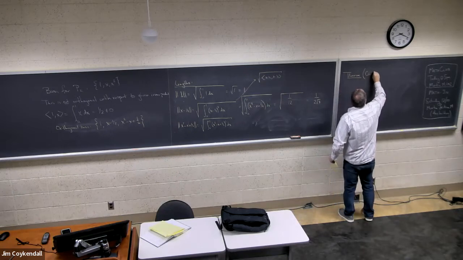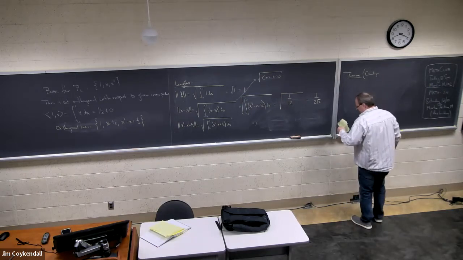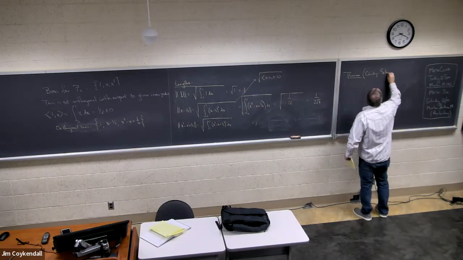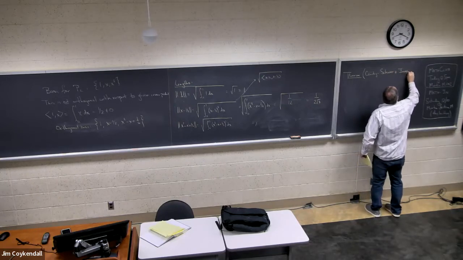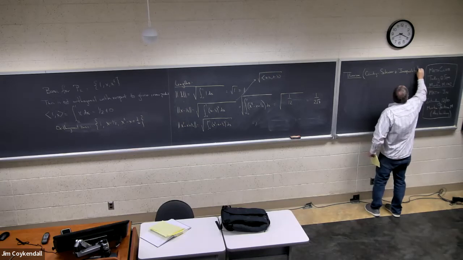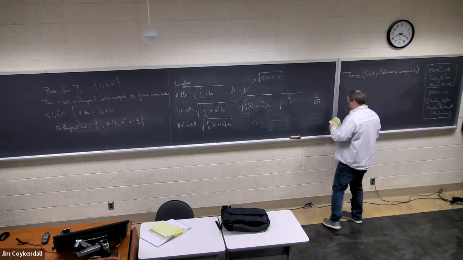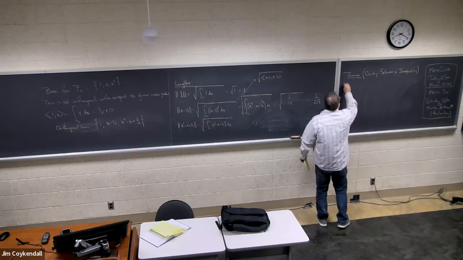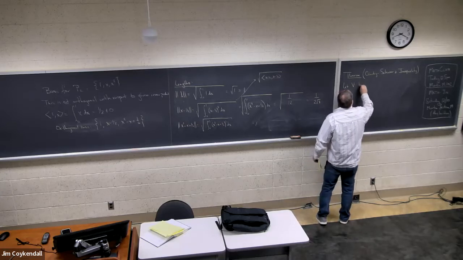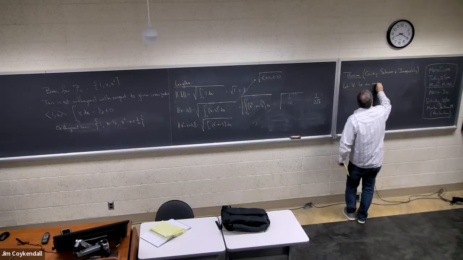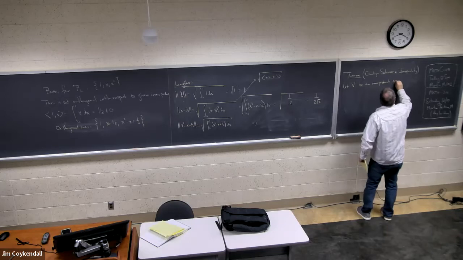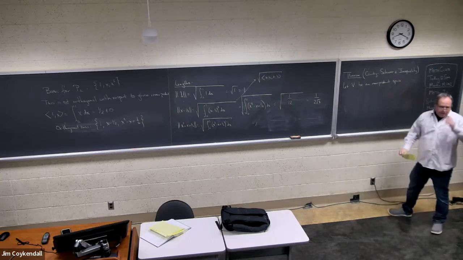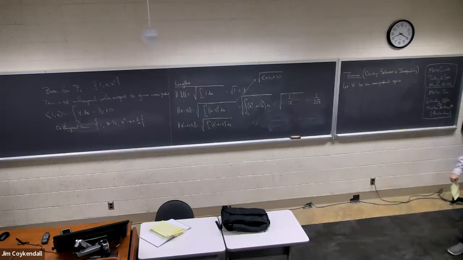This is called Cauchy-Schwarz. Let V be an inner product space. Remember, don't let that scare you off. That's just a vector space that happens to have an inner product, like we've been doing.